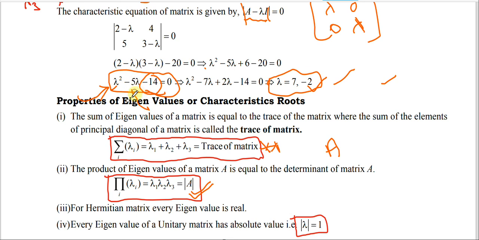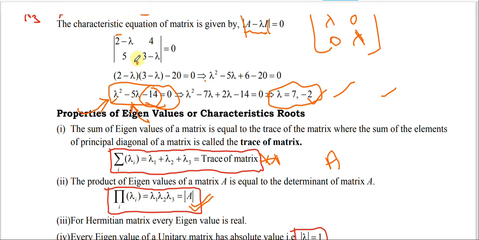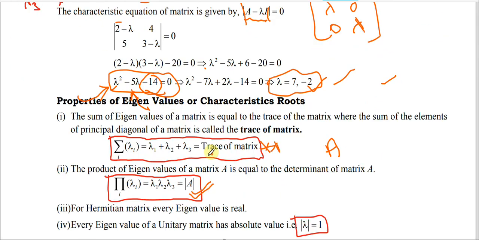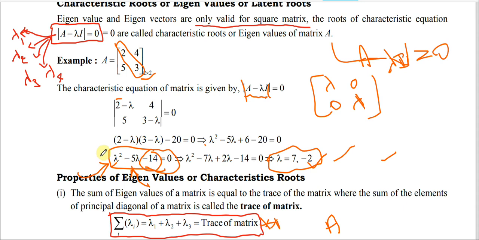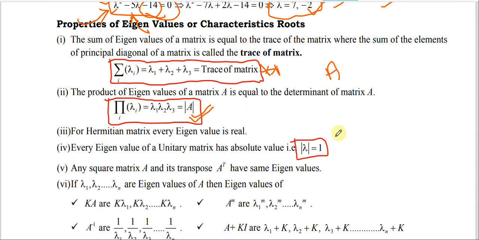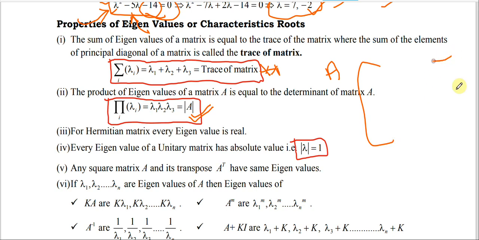We can also find it by adding the diagonal elements. So there are 3 methods, okay? If the characteristic equation is given, then it is very easy. Otherwise, if a very big matrix is given, finding the determinant is very difficult, so we can find it from there only.